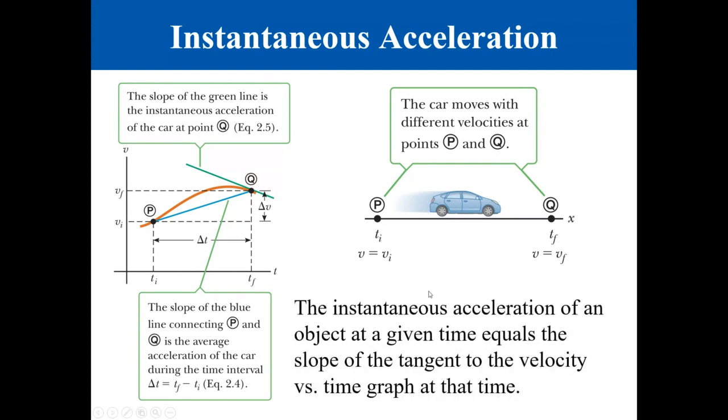So now we understand the difference between instantaneous and average acceleration. For instantaneous, you are interested in one point and you take the slope at that point, while for average, you have two distinct points and you are interested in the difference, delta V over delta T.